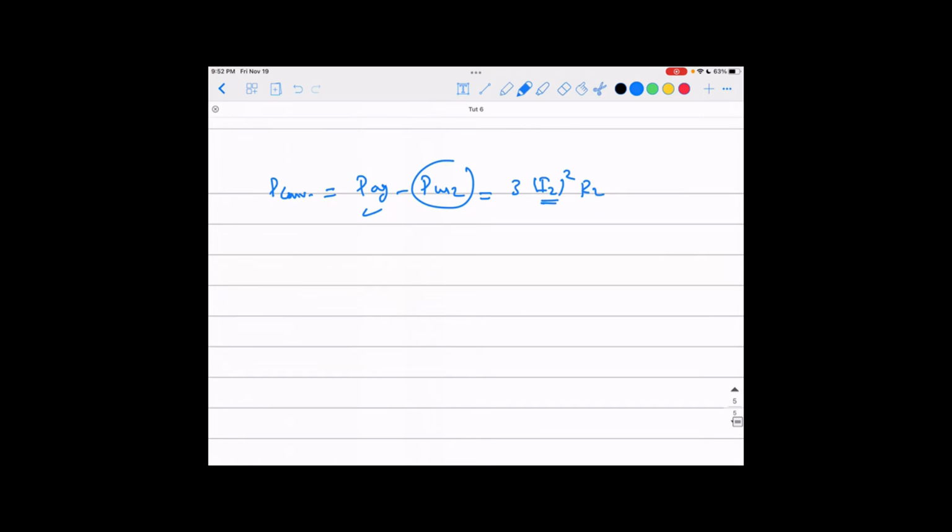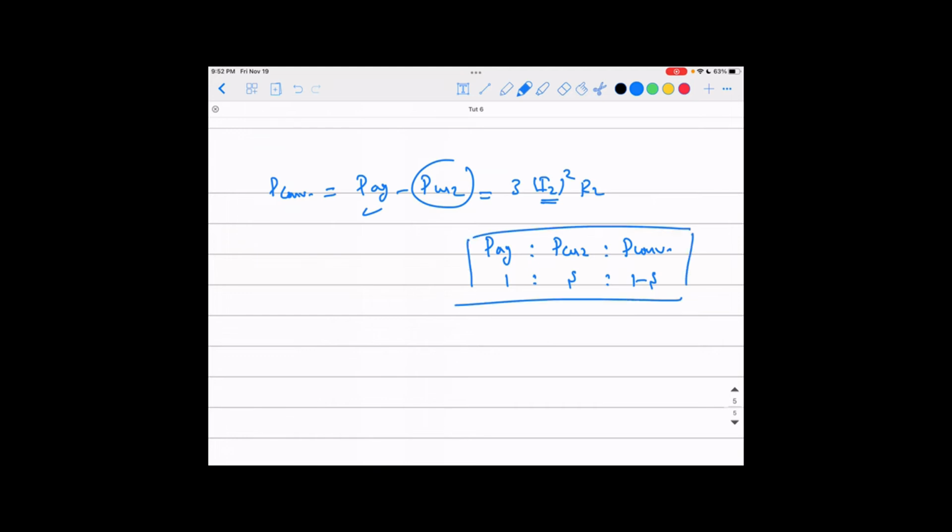But there is another way to find P converted. I've given you a very precious tip, if you remember it: you have this direct relation. P air gap to P copper rotor to P converted equal 1 to s to 1 minus s. That means if you know any two of them, you can find the other two.